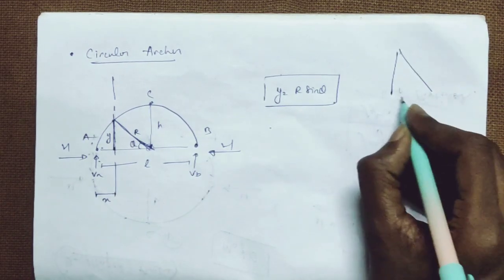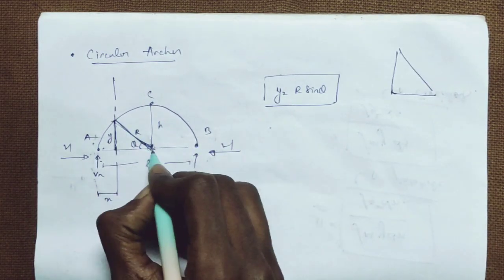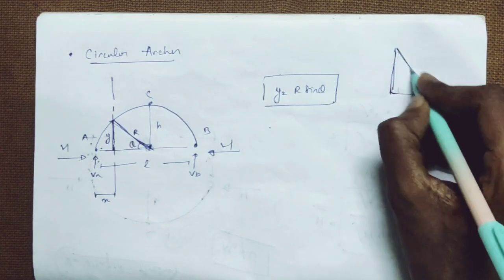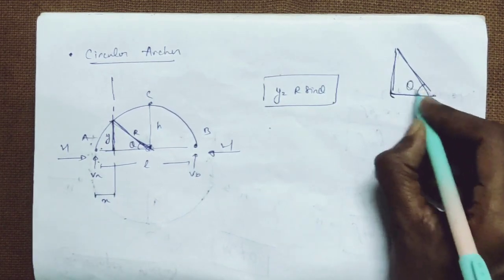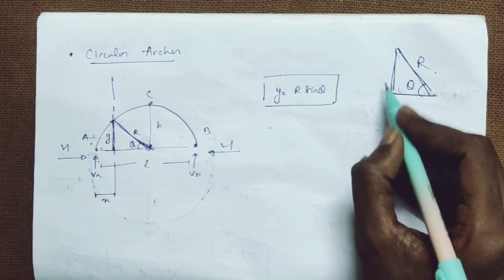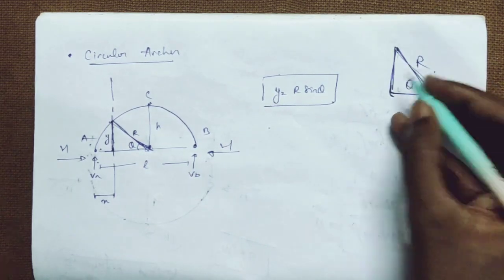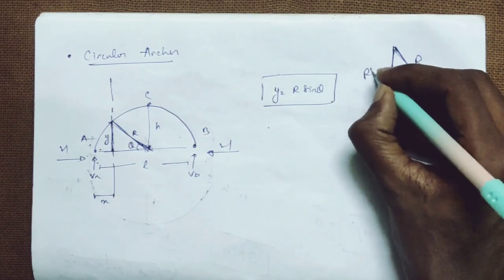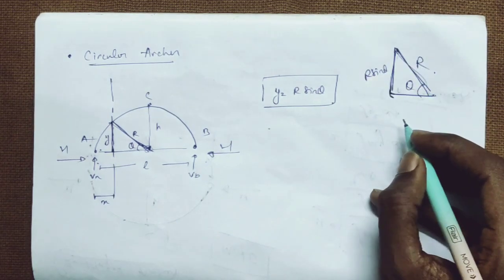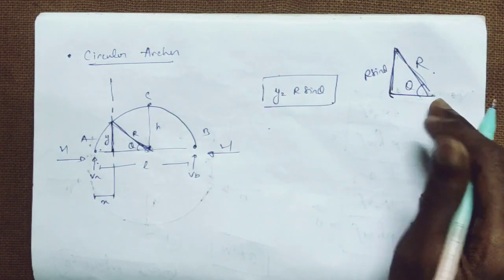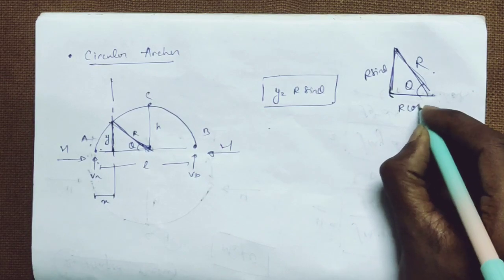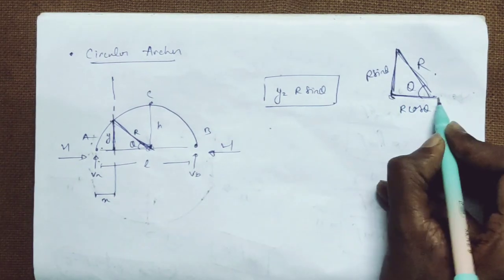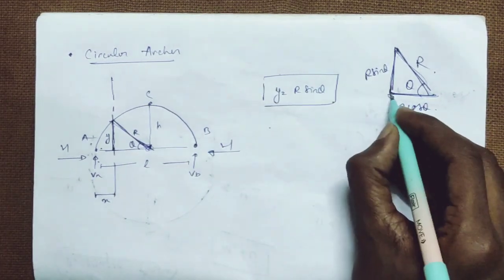Consider this triangle. This is theta and this is r. As we know from trigonometry, this is r sin theta, and this will be r cos theta.